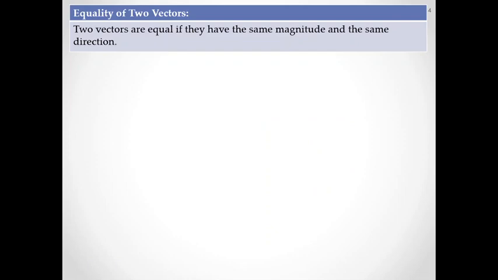Now, two vectors are equal if they have the same magnitude and the same direction. So if you have two vectors with the same direction and the same length, they're equal.